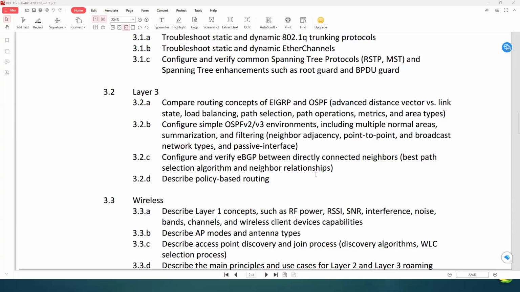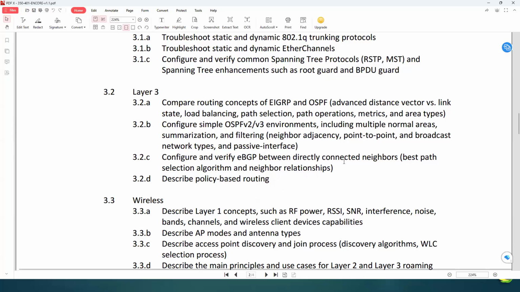That's why here they are not covering it in much detail, but some of the basic information, especially comparing some routing concepts between EIGRP and OSPF, configuring simple OSPF version 2 and version 3 environments, some configuration of filtering, summarization, and then configuring and verifying only eBGP. That means external BGP between two organizations on directly connected neighbors.